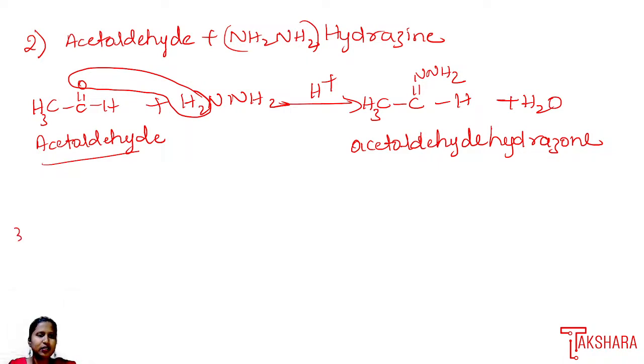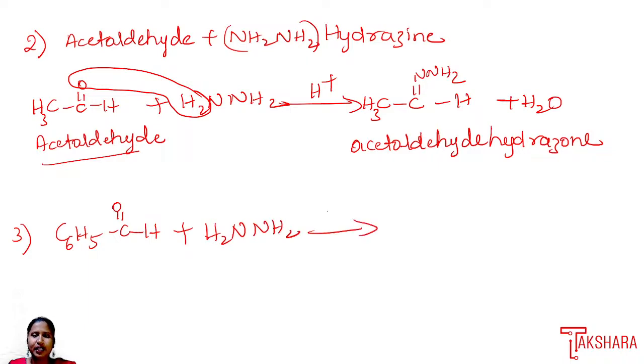Okay, so then let us take the next example. Benzaldehyde. Okay, so what is benzaldehyde? C6H5 C double bond O H. When it is combined with NH2NH2 in the presence of H+, the reactant molecule is what?